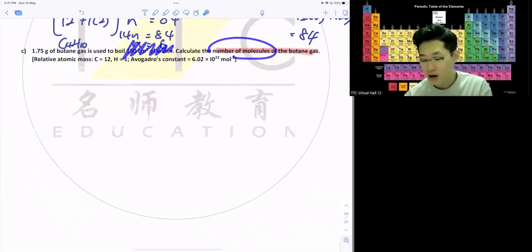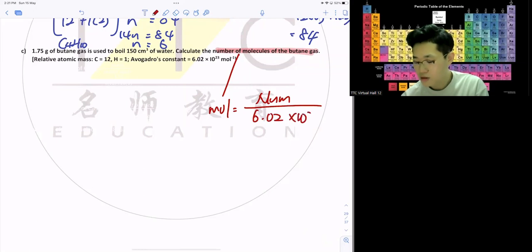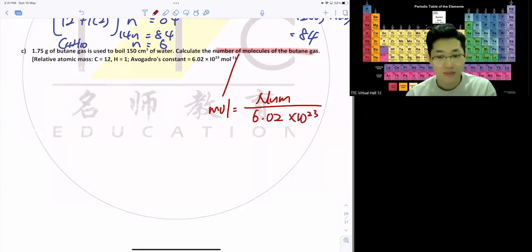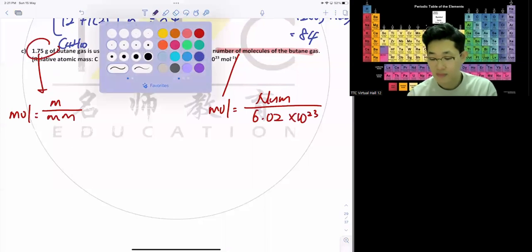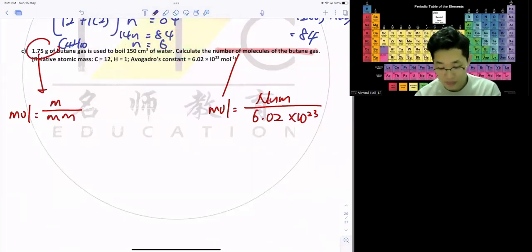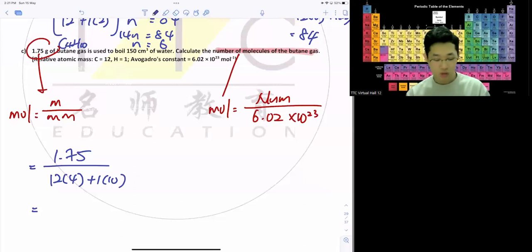To find the number of molecules, we apply this formula. They gave us mass, so I apply this formula. Sub the number in: 1.75 divided by C4H10 to get 0.03 mole.